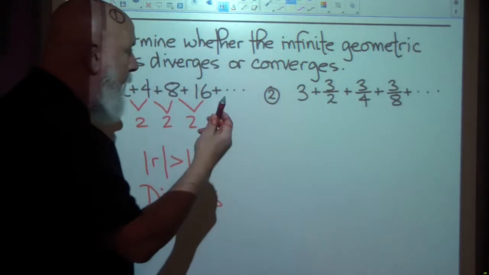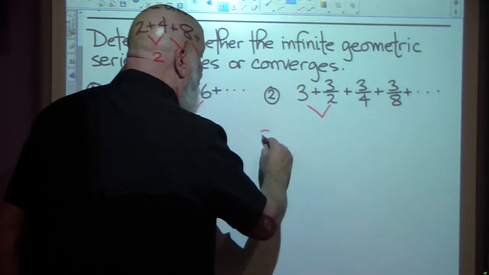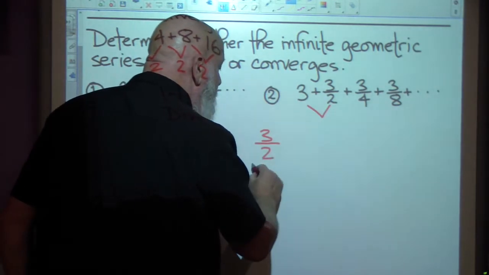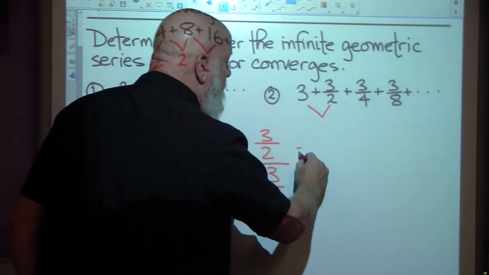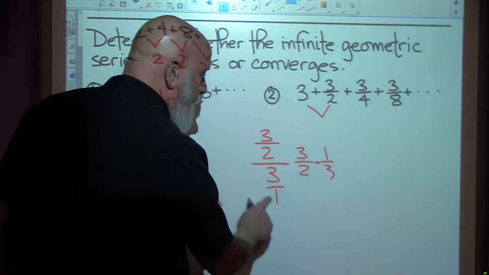It won't approach anything. But if we divide and find our common ratio here, we've got 3/2 divided by 3. We can think of that as 3/1. That's the same thing as 3/2 times 1/3. We invert and multiply the bottom.